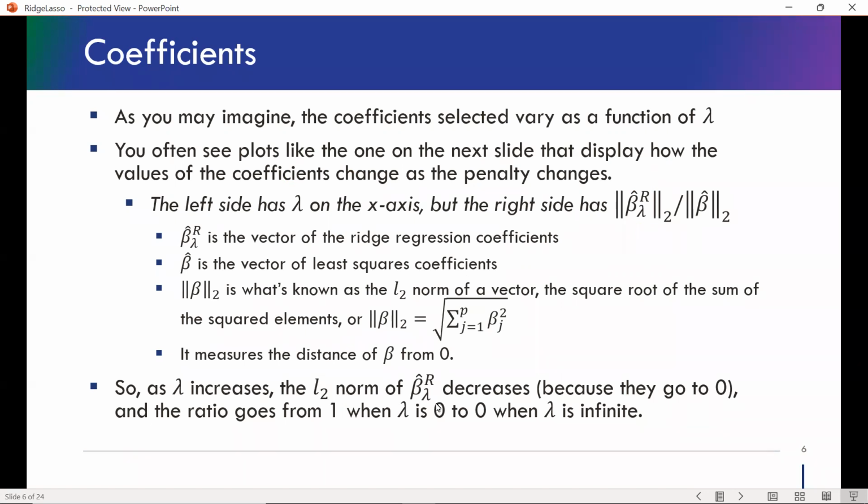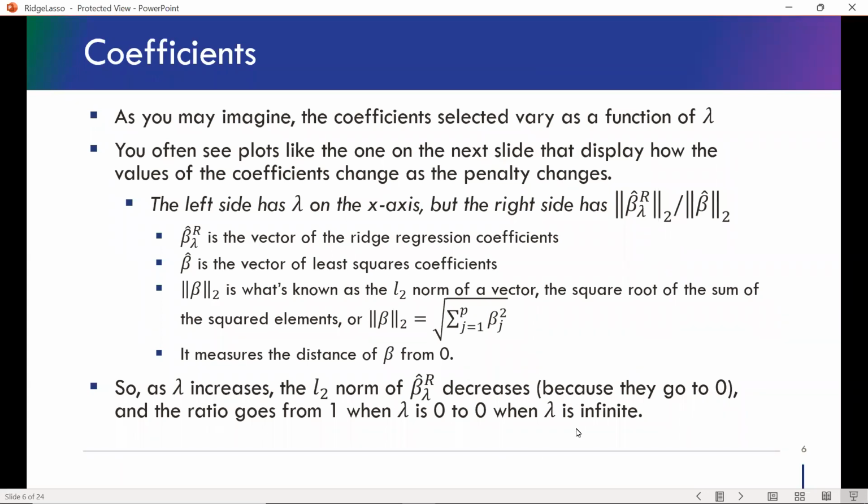So this L2 norm will decrease, and this ratio will go to 1 when lambda is 0. Okay, so when lambda is 0, remember the ridge regression would basically become the simple linear regression, where we can get the estimates by least squares methods. So they're basically the same. So the ratio is 1.